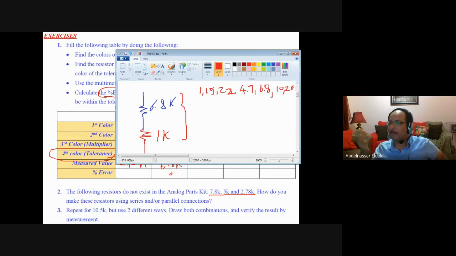Okay, how can we make up 5? Then you have to think about a combination between 2 or more resistors to make this 5.